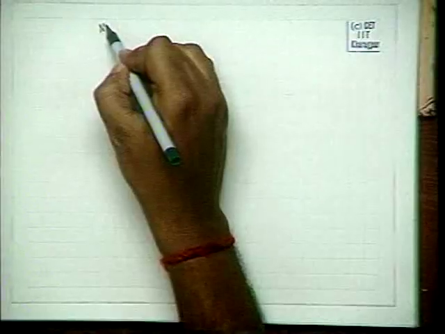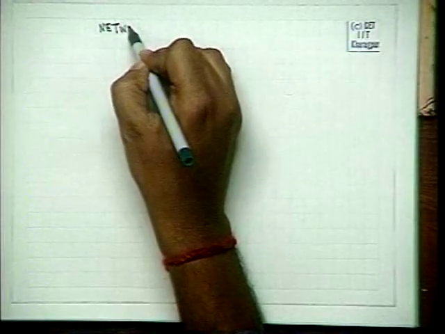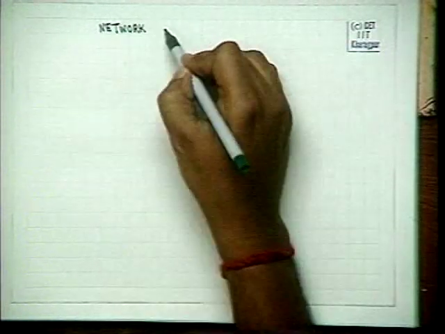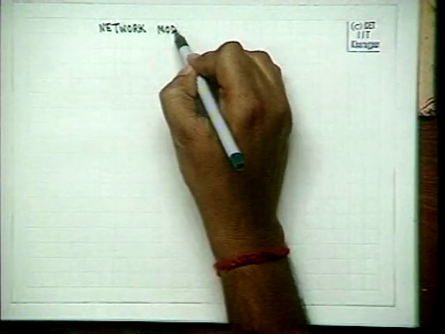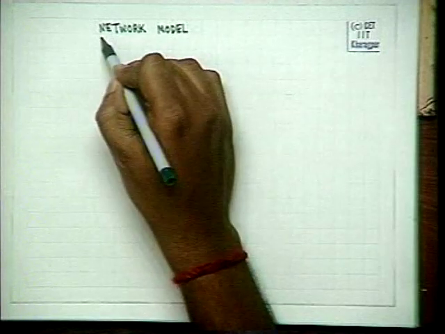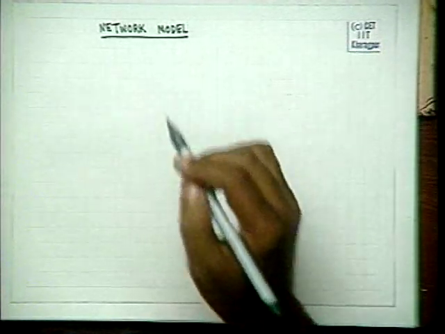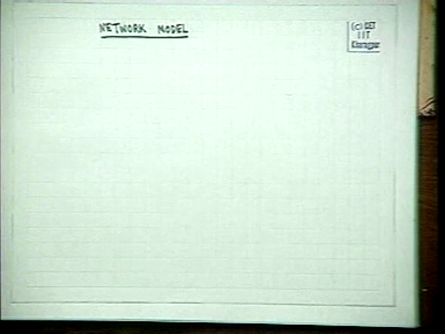Next we come to the network model. In the network model, the implementation in terms of records and pointers, which was very little in the ER model, slightly more enhanced in the relational model, is even more direct in the network model.